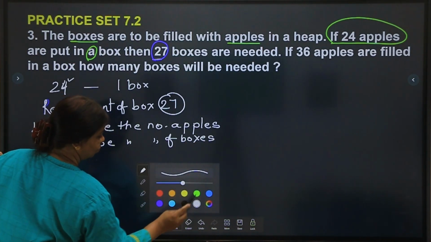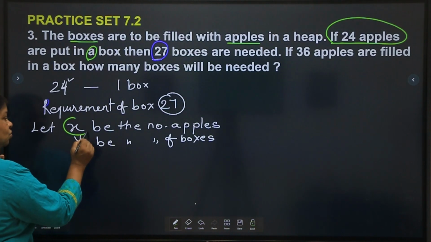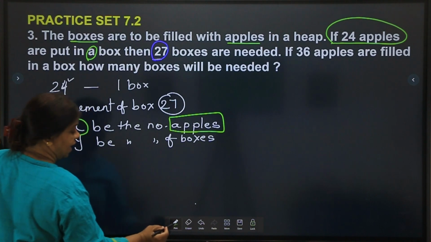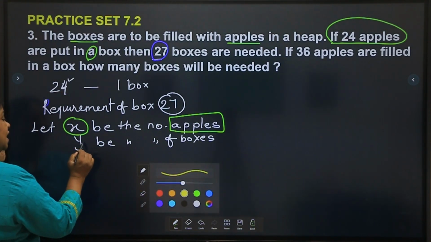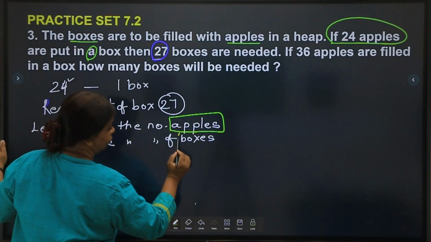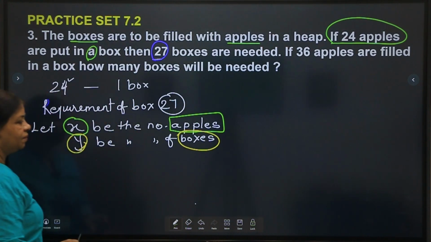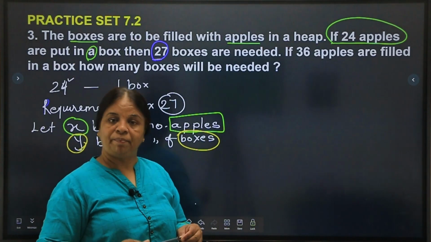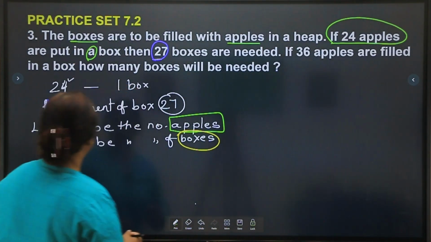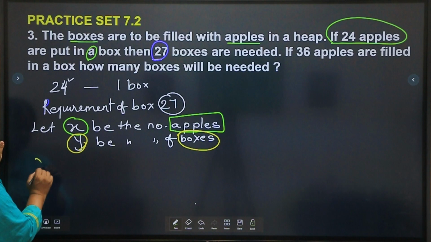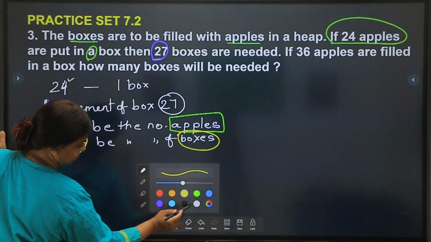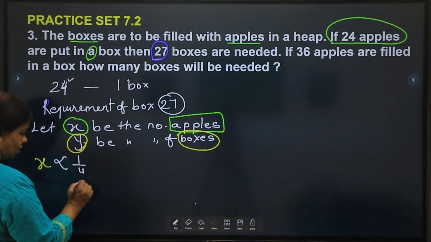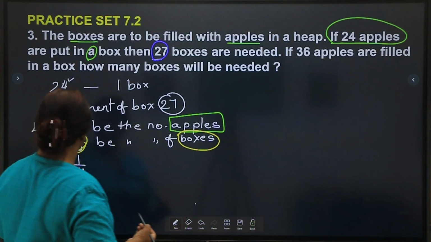Clear? And we know there is an inverse variation between the number of apples and boxes. So we can say x varies inversely to y. Now we will remove the inverse variation sign.